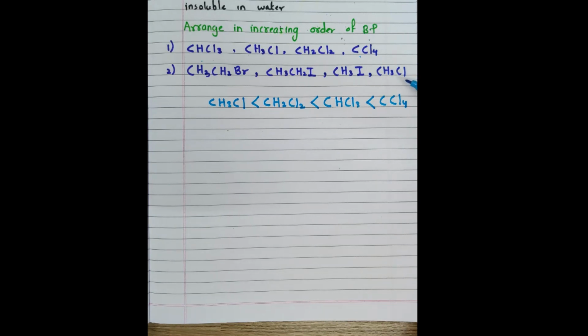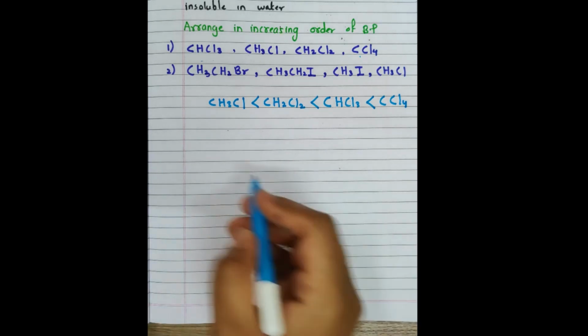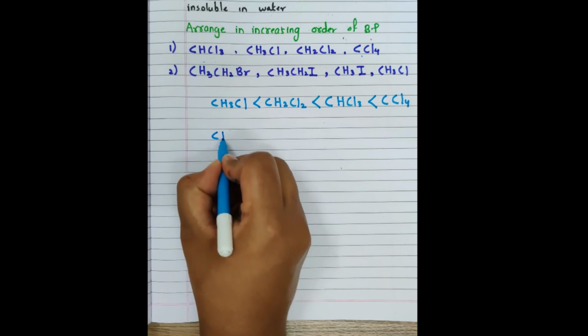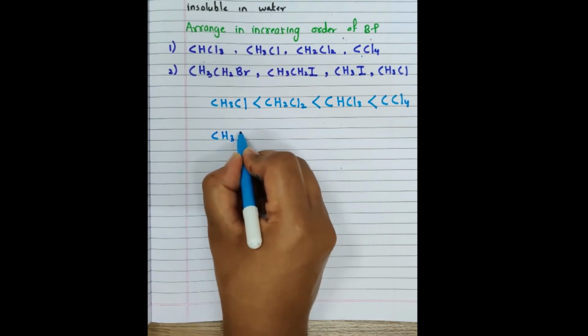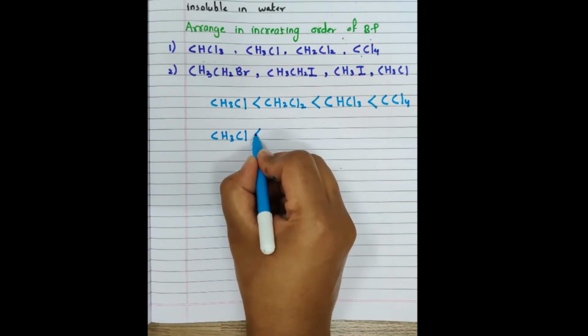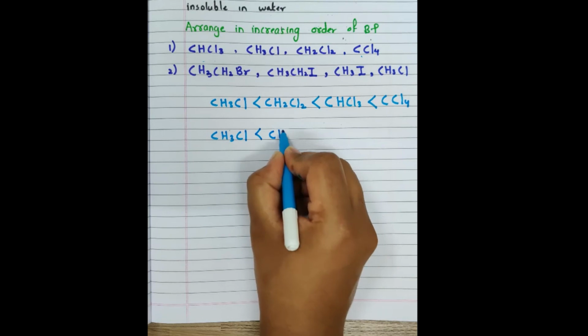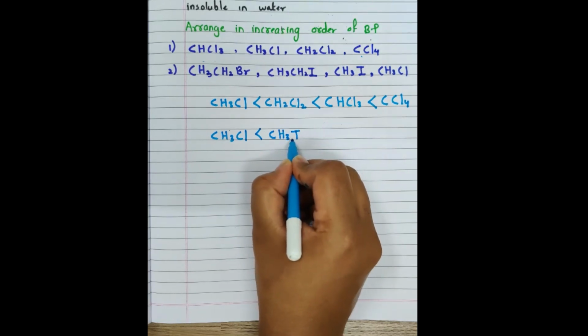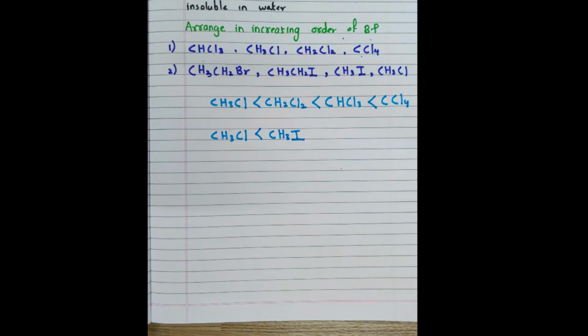But which halogen is bulkier, chlorine or iodine? Iodine is bulkier than chlorine. So out of these two, CH3Cl will have the lower boiling point because it is smaller in size and will have low molar mass. Then we'll have CH3I because iodine is bigger than chlorine. Its molar mass is more, so its boiling point will also be more.